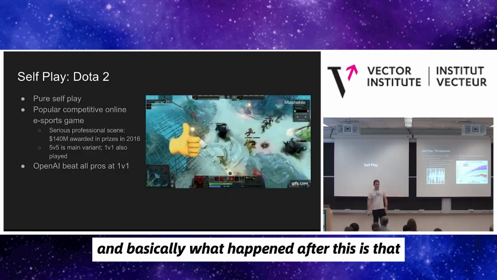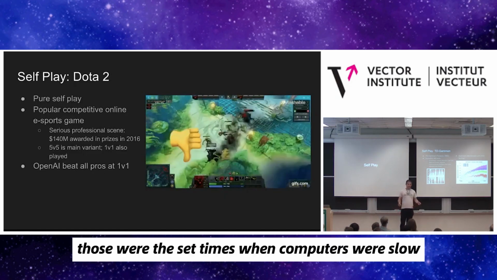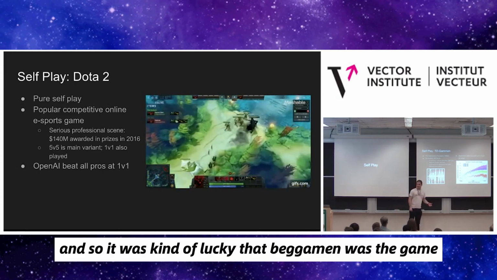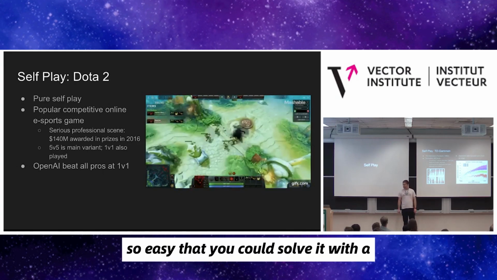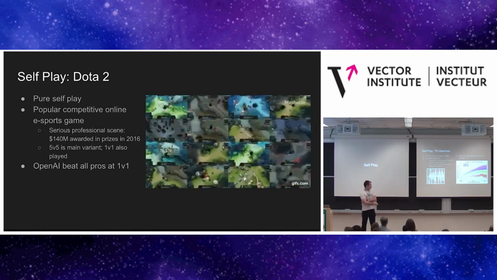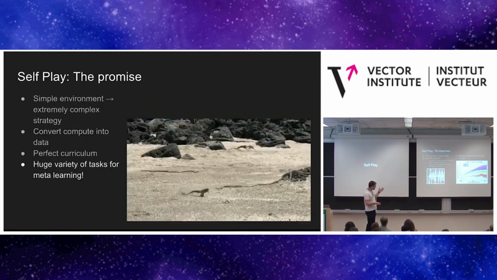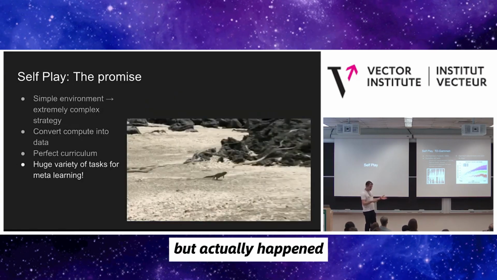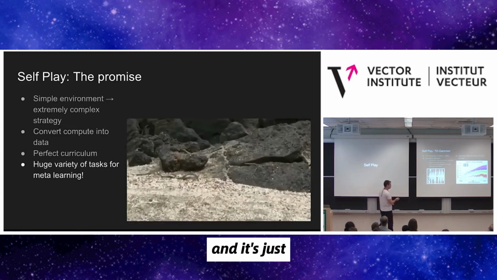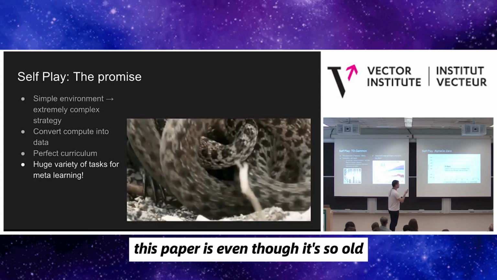And basically what happened after this is that, those were the sad times when computers were slow. And so it was kind of lucky that backgammon was a game so easy that you could solve it with a network with only 80 neurons. You know, makes you wonder what are we doing with all our neurons? But it actually happened. And it's just unbelievable how modern this paper is, even though it's so old.